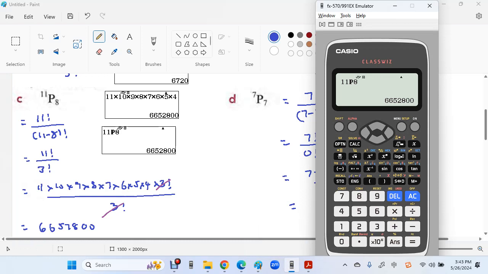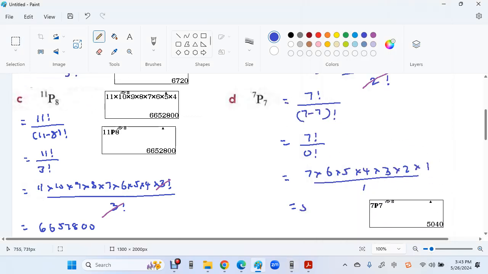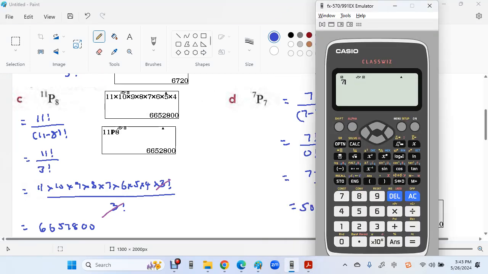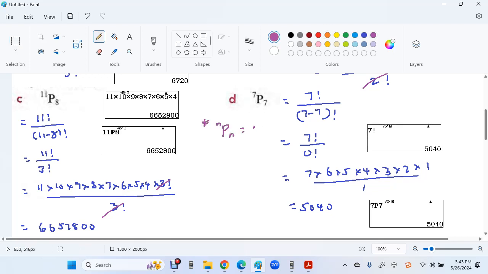Actually it's 7 factorial, so it's 5,040. The calculator also gives the same. So from here we know that if we have nPn, it will be n factorial.